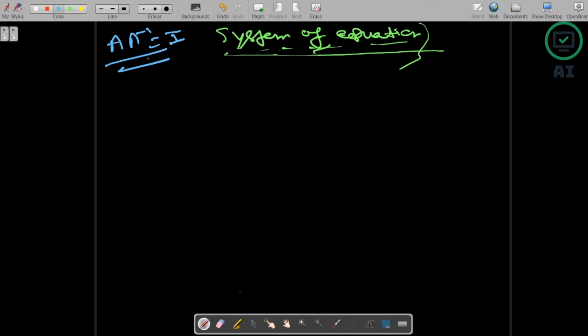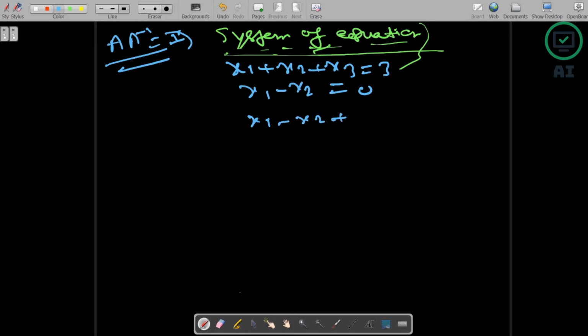Let's take an example for a 3 cross 3 matrix. This is an example for a system of equations: x1 plus x2 plus x3 equal to 3, x1 minus x2 equal to 0, and x1 minus x2 plus x3 equal to 1.